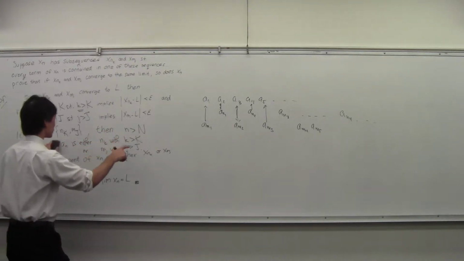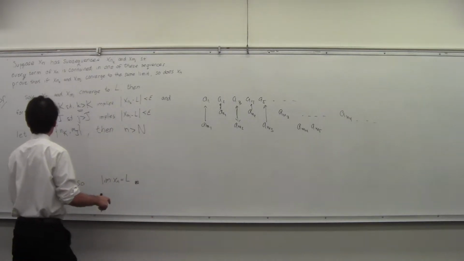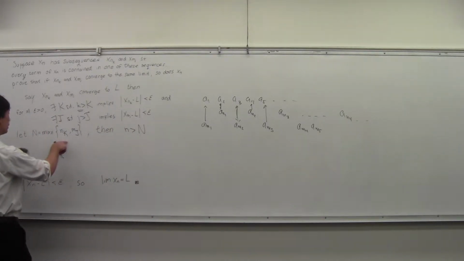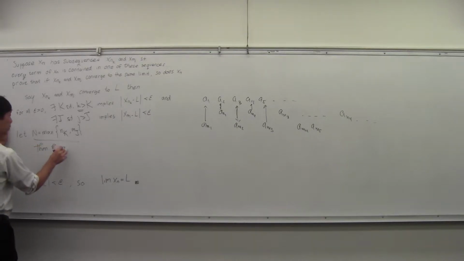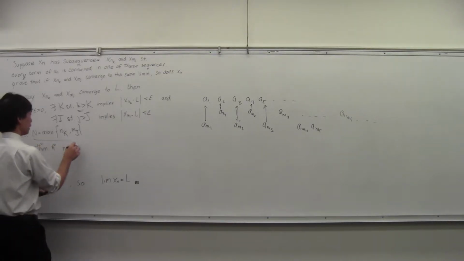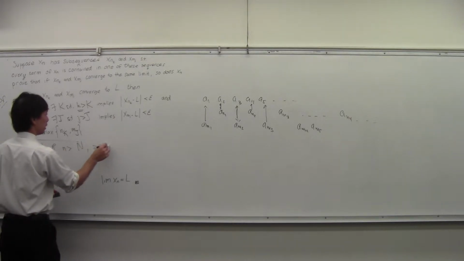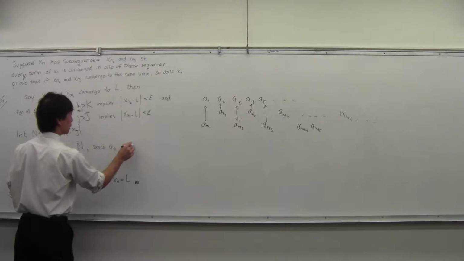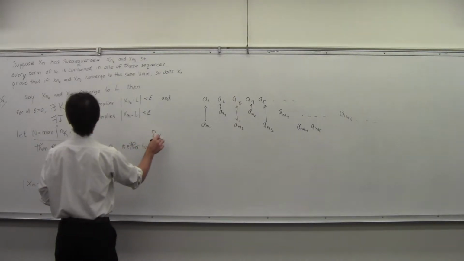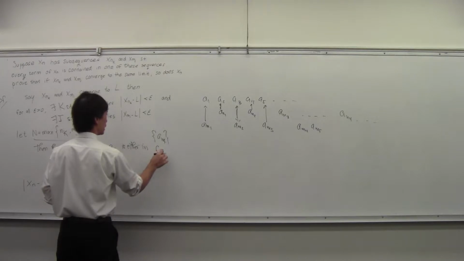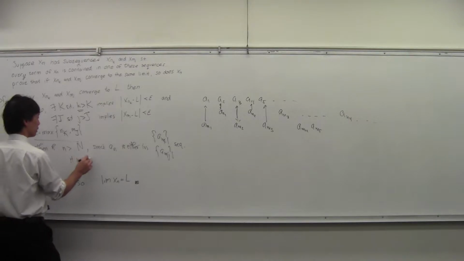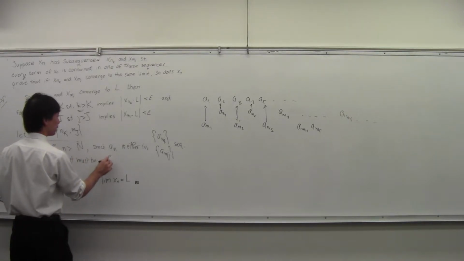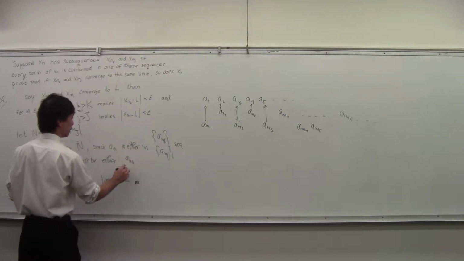Okay, so let n be the max here. Okay, then if little n exceeds that, since A sub n is either in the A n k or the A m j sequence, it must be either A n k or A n j.